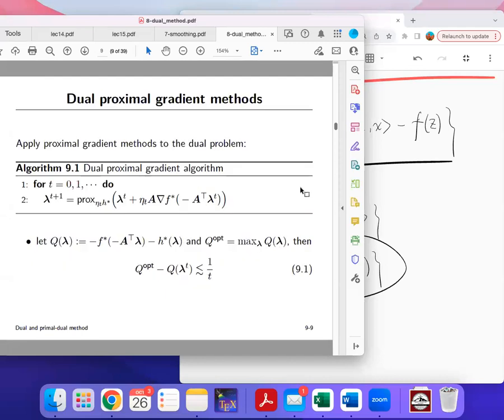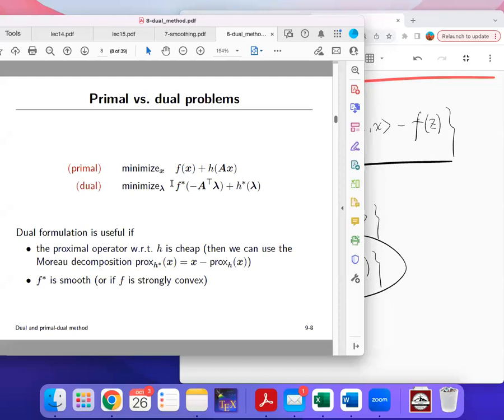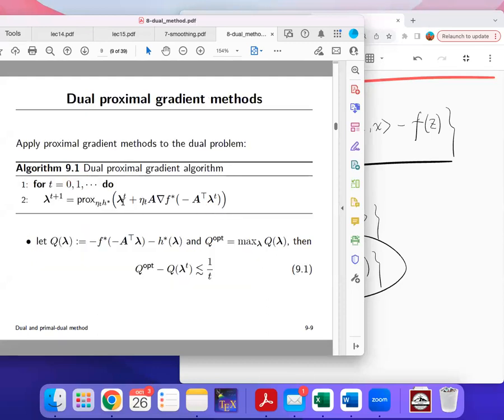So the idea, the dual proximal gradient method, is very simple. We apply proximal gradient descent to this problem. Inside is a gradient descent step. Now this is a plus instead of minus, because once you take the gradient by the composition rule, there's a negative A coming out.